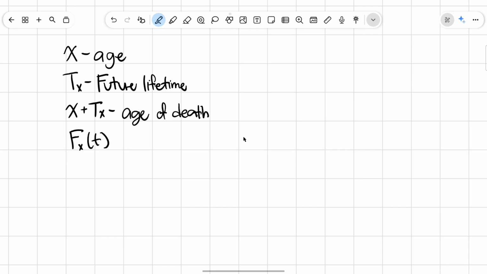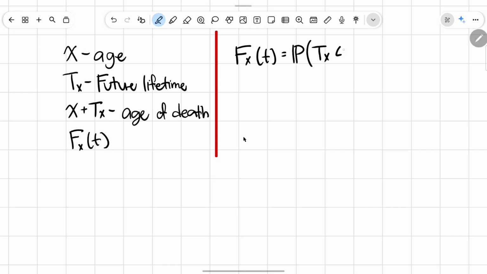Mathematically speaking, Fx of t is the probability that we want him to die within t years. So that person's future lifetime must be less than t.